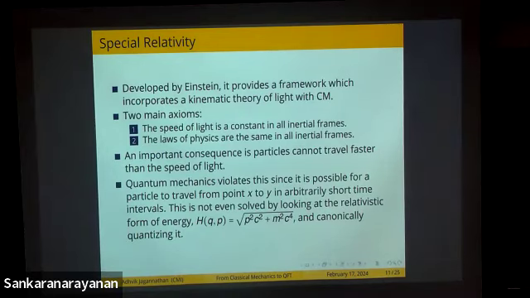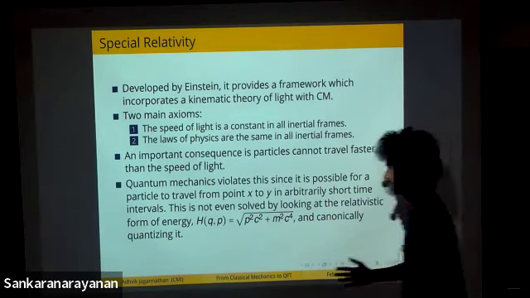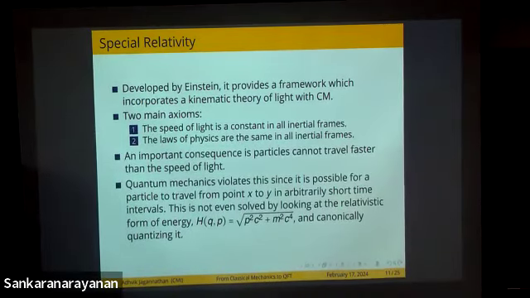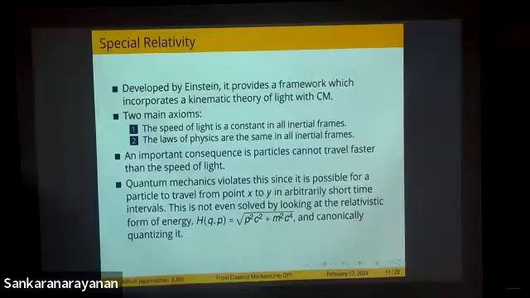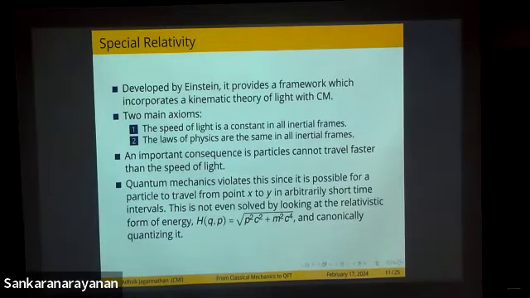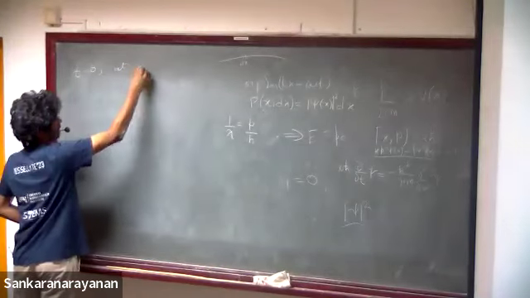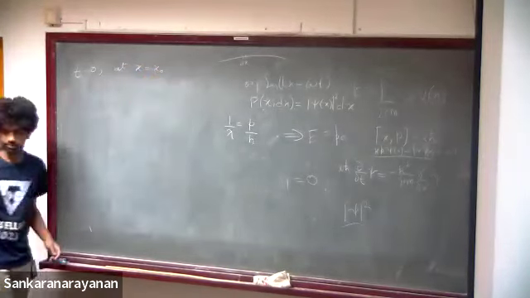Now, quantum mechanics violates this because if you look at the wave function, you will see that, suppose at t equals 0, the particle is at x equals x naught.